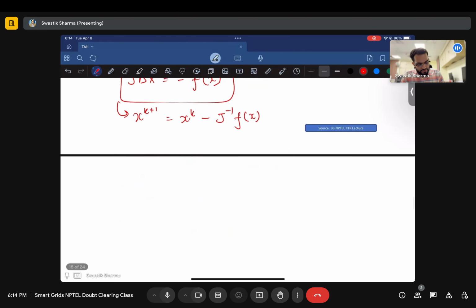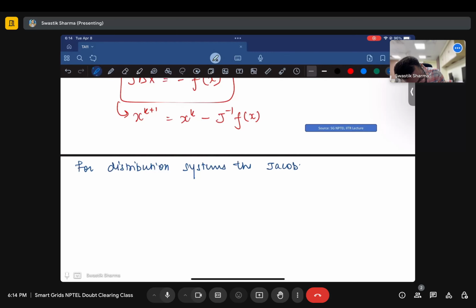And that means for distribution systems, the Jacobian becomes ill conditioned, right?